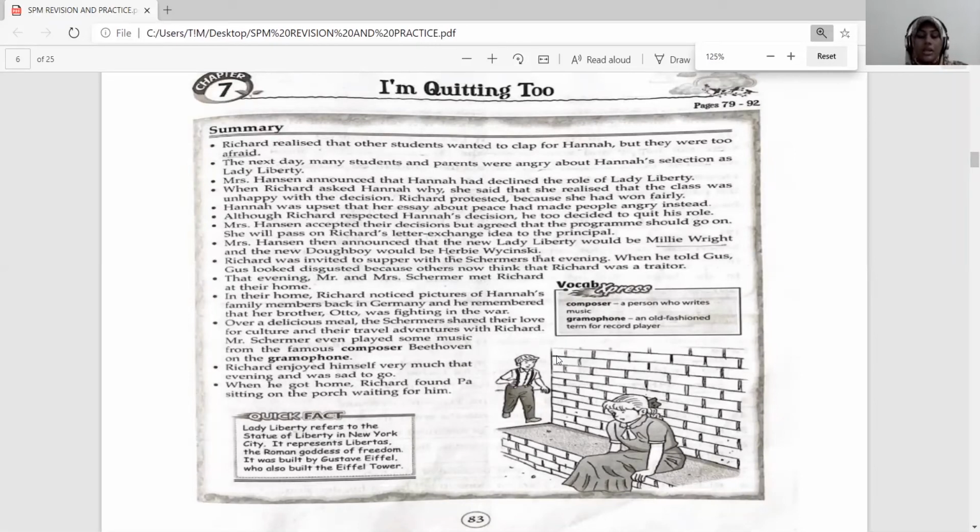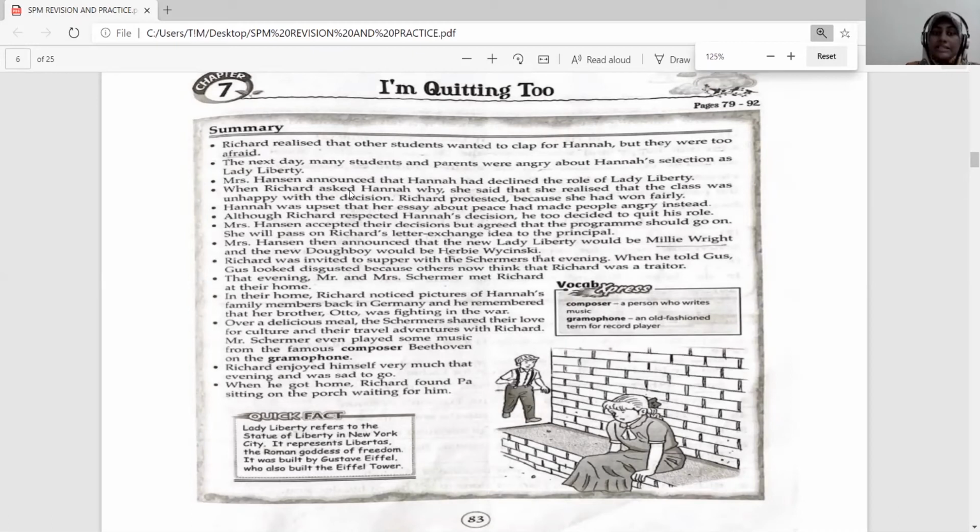In chapter 7, Richard realized that the other students wanted to clap for Hannah. This is a continuation of Hannah reading her essay. Her essay is about peace, about war and being at peace. But still, they were not happy because it was written by Hannah. Just because it was Hannah, everything is wrong, right?